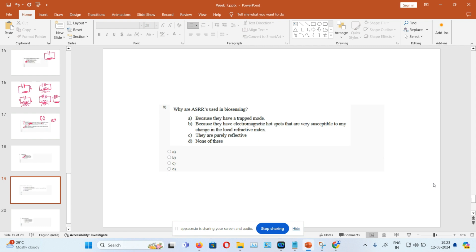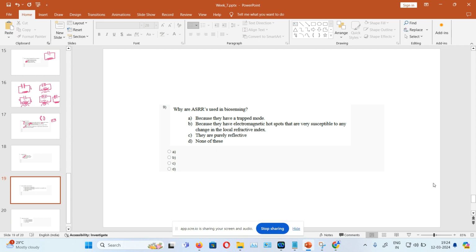Why are asymmetric split-ring resonators used in biosensing? Because they have a trapped mode? That's true. Because they have electromagnetic hotspots and are very susceptible to any change in the local refractive index? Or they are purely reflective? They are not purely reflective. Or none of these. The most appropriate answer is because they have electromagnetic hotspots.